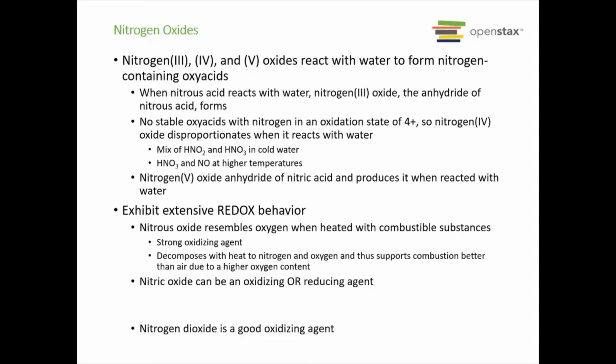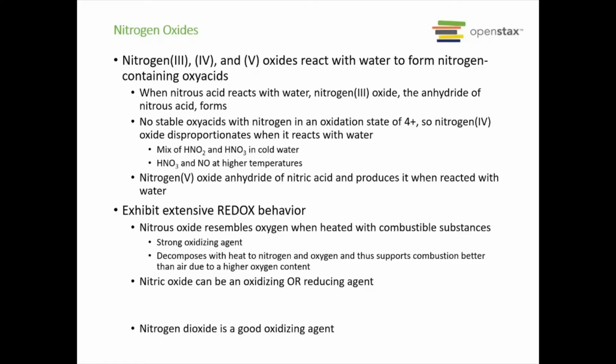When you take nitrous acid and remove water, you can form this nitrogen 3 oxide, which is called the anhydride of nitrous acid. One thing that's interesting is there are actually no stable oxyacids that have nitrogen in an oxidation state of 4+.